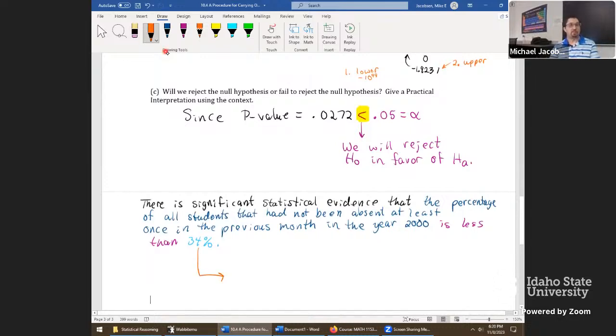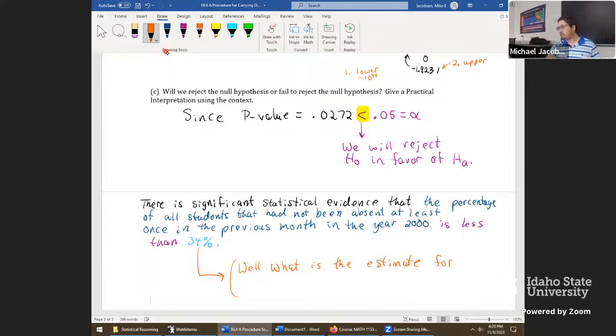Absolutely, they're going to want to know the reasons that might be contributing to these problems, but they're also probably going to want to know, well, what is the estimate for this percentage currently? In other words, if it's less than 34%, okay, great, but by how much? Is it 10%, 5%, 2%? Would have to answer that question as well.